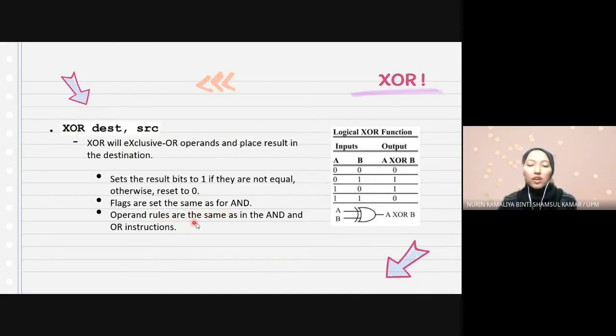Operand rules are the same as in the AND and OR instructions. For the logical XOR function, if both inputs have the same value, for example 0 and 0, the result will be 0. Second example, if the input is 1 and 1, the result is 0.